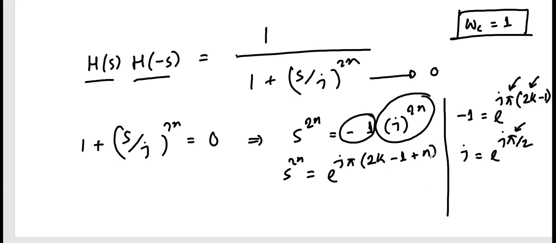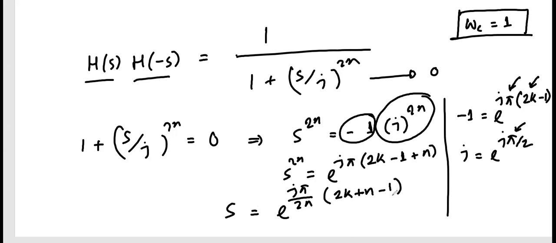And now for s, if we think about only s, what is the value of s? s can be written as e to the power j pi divided by twice n, and afterwards the remaining will be the same.